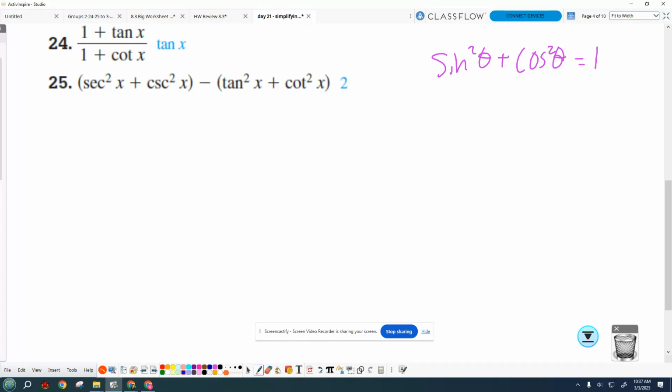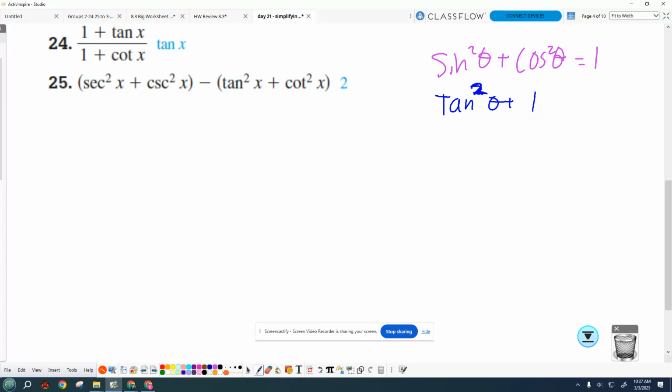If I divide everybody by cosine squared, what is sine squared divided by cosine squared? Tangent squared, thank you. And what is cosine squared divided by cosine squared? Secant. Okay, what is 5 divided by 5? Oh, 1. What is cosine squared divided by cosine squared? 1.